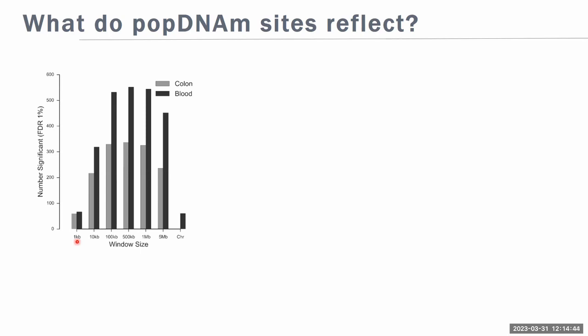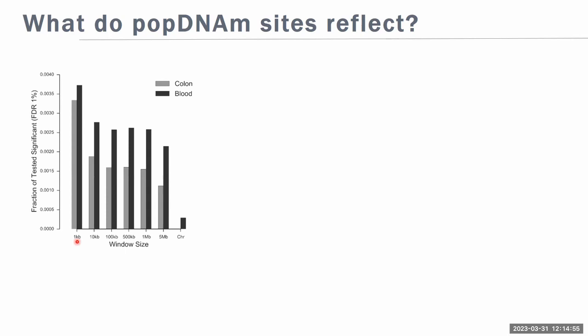And we exclude windows which don't have SNPs because we don't have enough information to make a good judgment about the ancestral inference there. So if you look at the fraction of tested sites, you see the more expected picture of the number of sites which have significant population differences dropping as the window size increases.